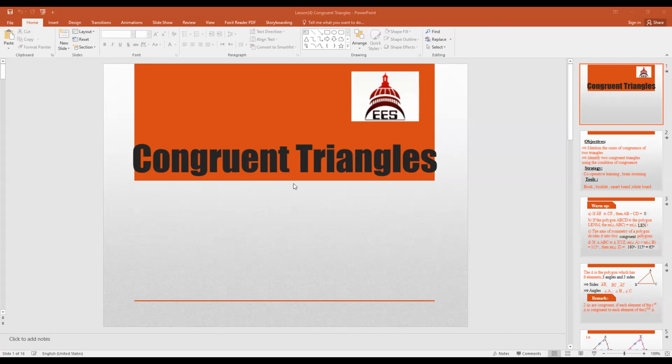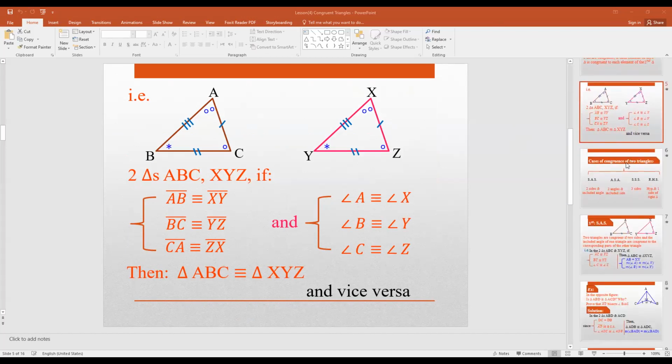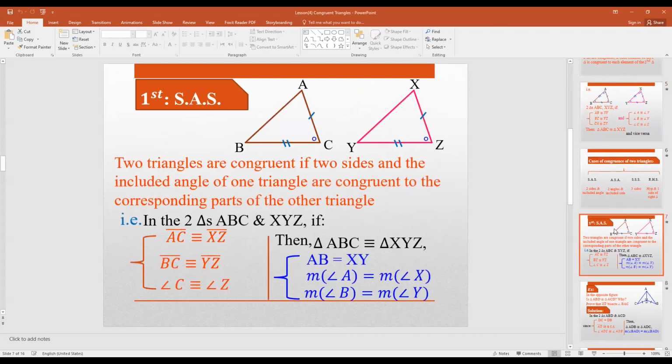In the last session, we studied two cases of congruent triangles. The first case is two sides and the included angle. We say that two triangles are congruent if two sides and the included angle of one triangle are congruent to the corresponding parts of the other triangle.